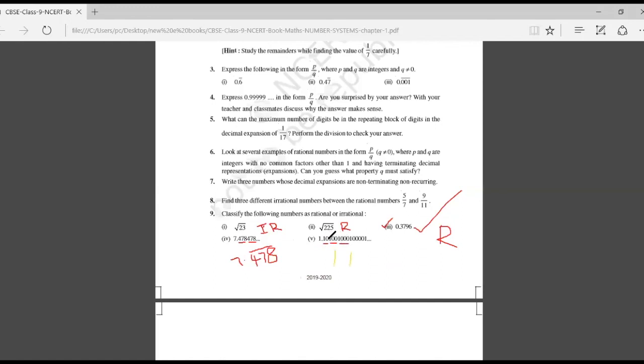Here only 1 zero is repeated, here 2 zeros, here 3 zeros, here 4 zeros. Stop writing, somebody. It means if you observe, for every 3 terms there is a repetition, but here there is no repetition. That's why this is irrational. Very good. Irrational. It is non-terminating.